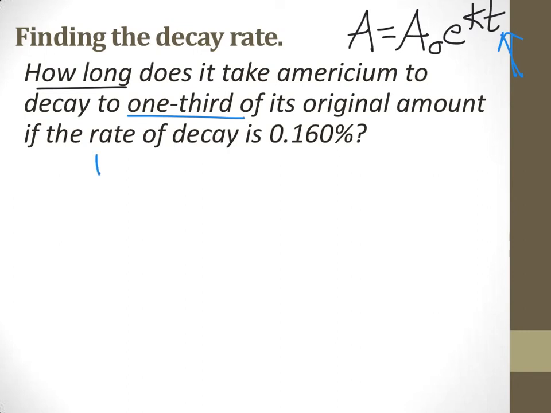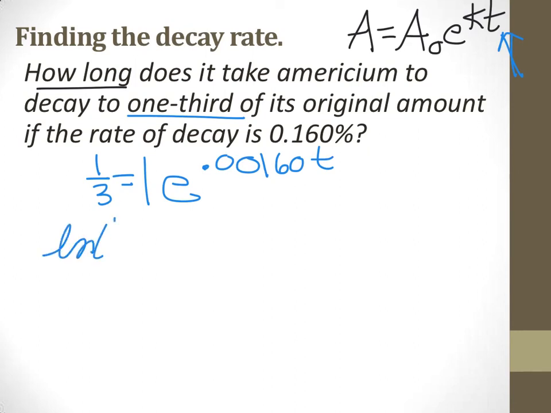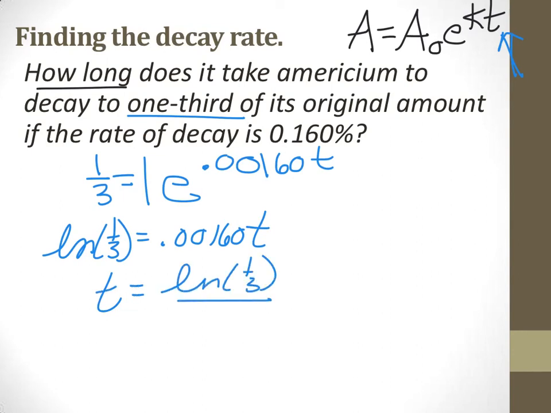So 1/3 is equal to whatever we had originally times e raised to the, now it's 0.160%, so we need to convert to a decimal, 0.00160 times T. Convert to logarithmic. The log of 1/3 is equal to 0.00160 T. Solve for T. T is equal to the natural log of 1/3 all over 0.00160.